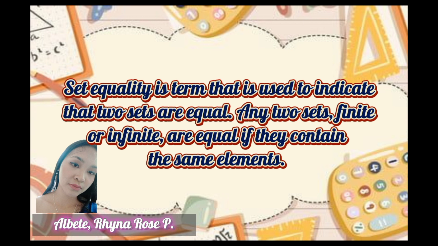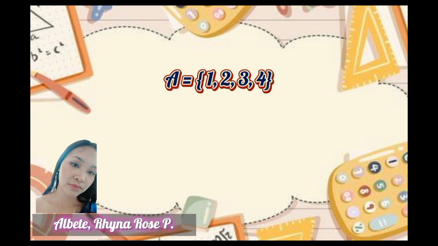Let's consider the following two sets A and B to understand this statement. A = {1, 2, 3, 4}. B = {2, 4, 1, 3}. By observing the two sets A and B, it is evident that although the two sets are written differently, they contain the same elements.